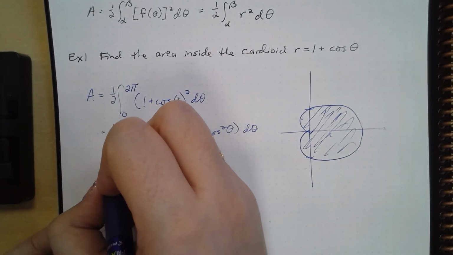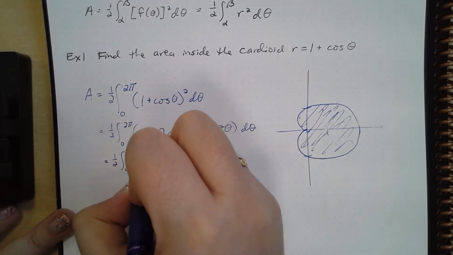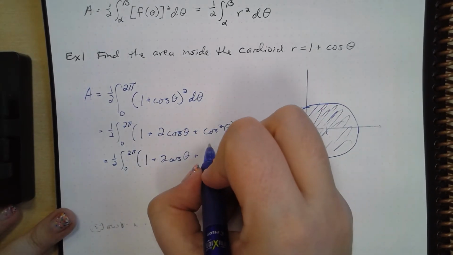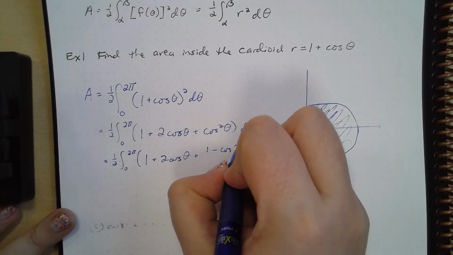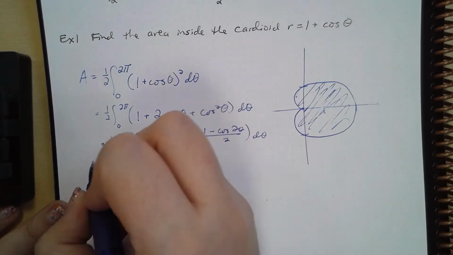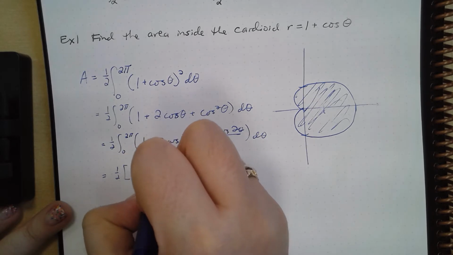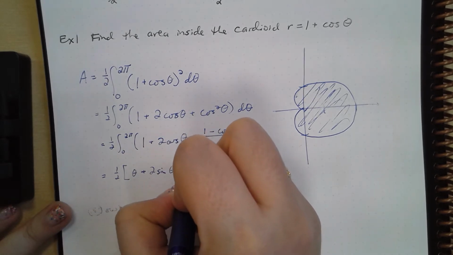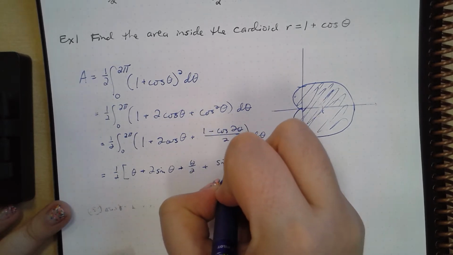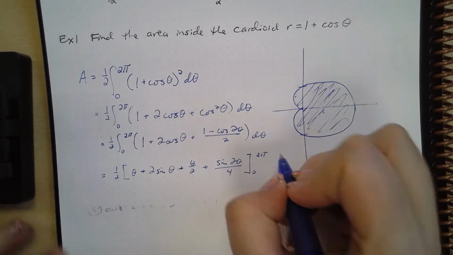We can rewrite this using our trig identities: 1 plus 2 cosine theta plus, I can rewrite cosine squared of theta as (1 plus cosine 2 theta) over 2, d theta. Once I integrate this, I'm going to get 1/2 times theta plus 2 sine theta plus theta over 2, because that would be that 1/2 there, plus sine of 2 theta over 4. And I'm evaluating this from 0 to 2 pi.